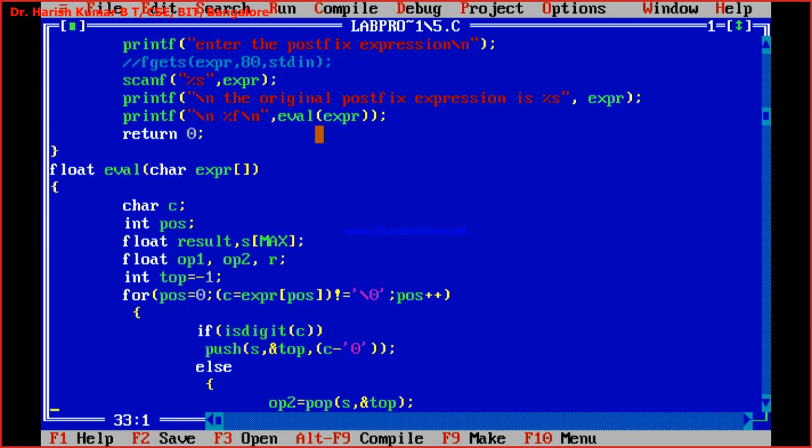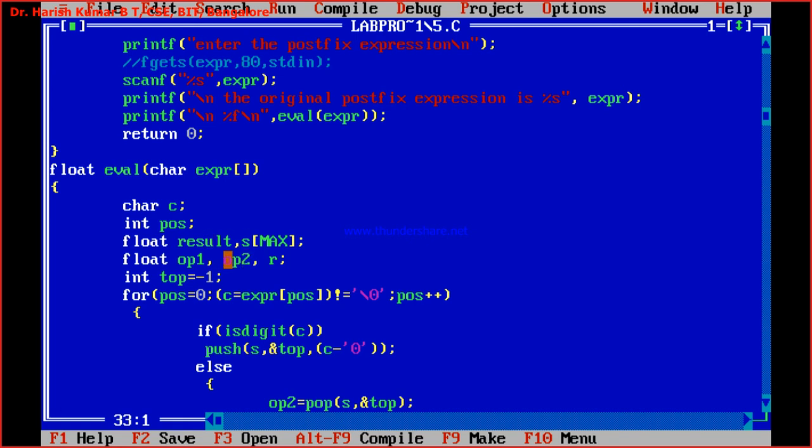You're calling eval by passing the entire postfix expression, so the postfix expression gets copied to expr here, and here I have a few local declarations. I have character c, int position, float result, and the stack s of MAX. This is the result to hold the result, and float operand 1 and operand 2. These are required to hold the 2 elements which will be popped from the top of the stack.